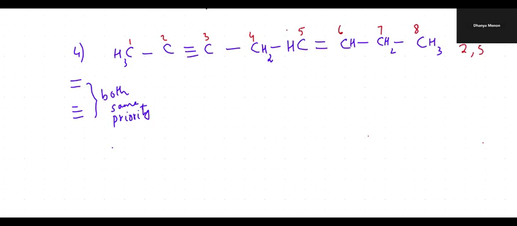And if I number it the other way around, 1, 2, 3, 4, 5, 6, 7, 8, here the positions of the double and triple bonds are 3 and 6.